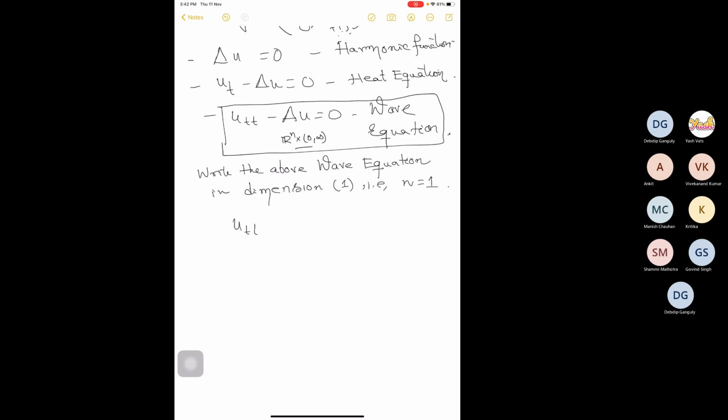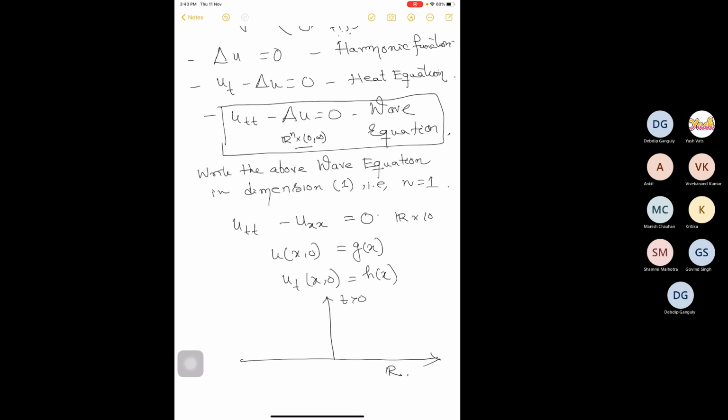This is u_tt minus u_xx equal to 0, and u(x,0) is g(x), and u_t(x,0), the conditions given, is h(x). The domain is R with t positive, so this is R cross (0, infinity), with the initial conditions.